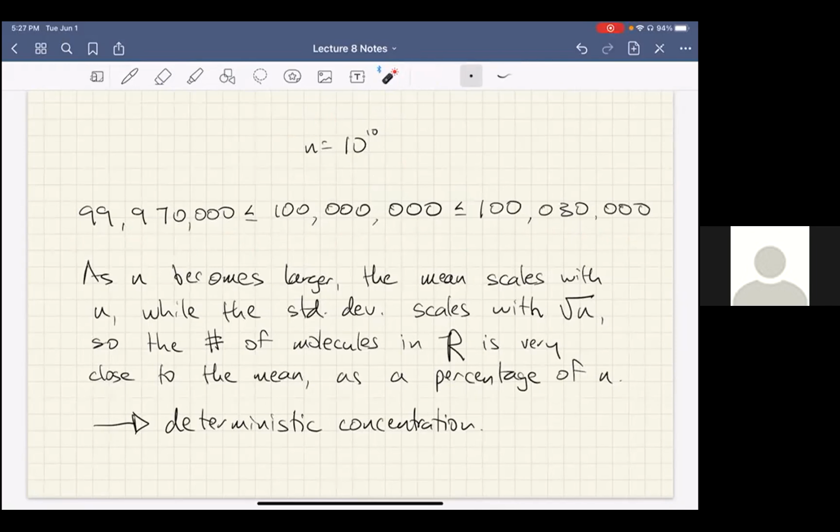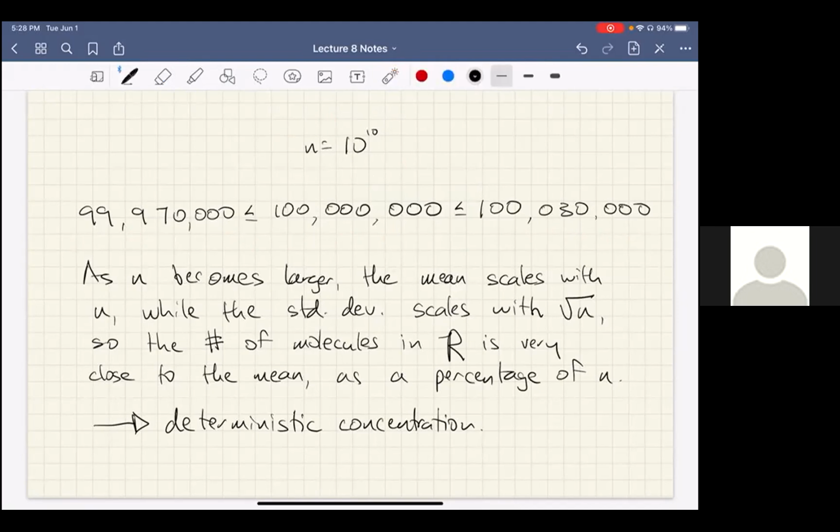So what we just outlined there was counting, going from the nanoscale with small numbers of molecules to concentration, where we count large numbers of molecules. Everything is very, very close to the mean.